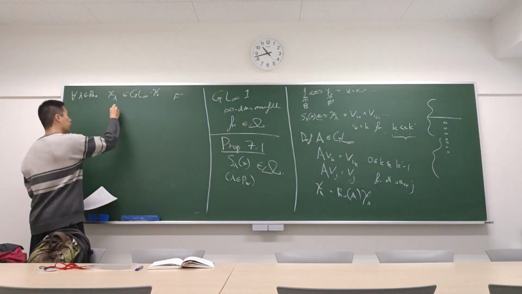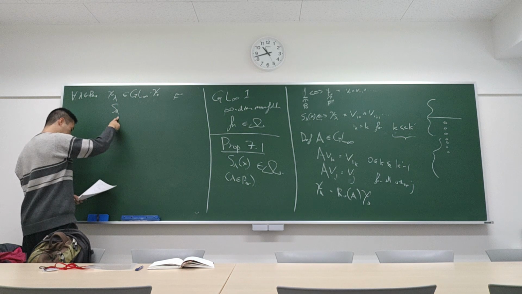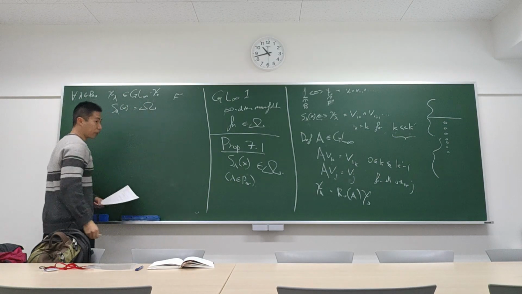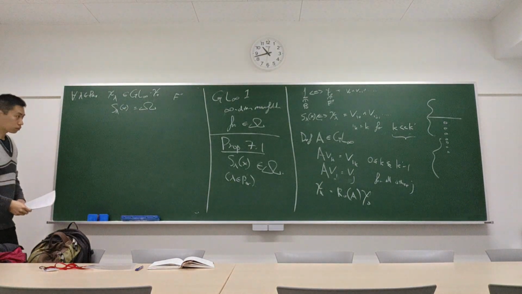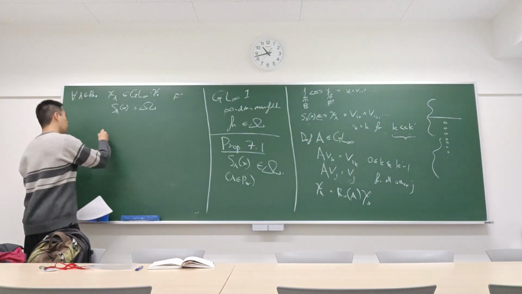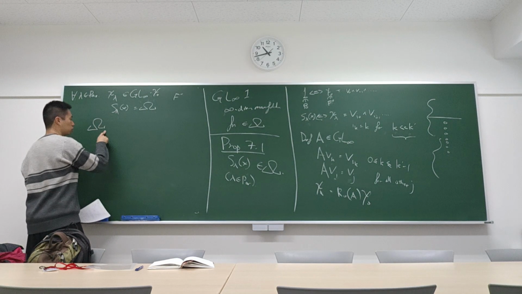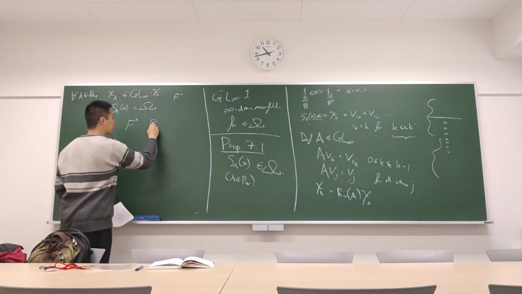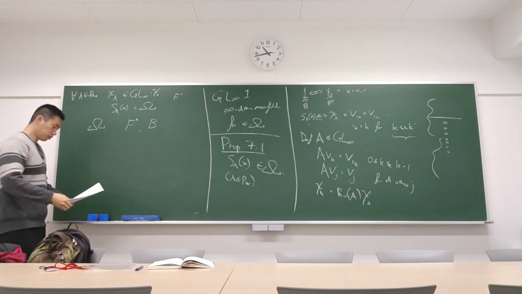And so we have shown that any of the S lambdas must lie in omega. Now, because of the boson-fermion correspondence, we can use omega to refer to either the orbit in F naught or B interchangeably. Okay.